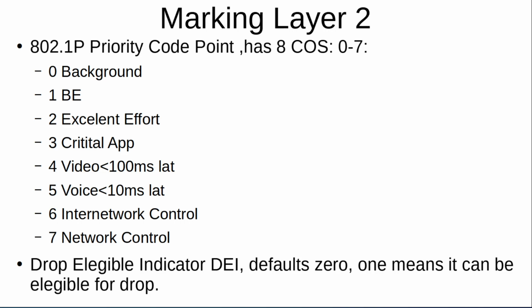It is 3 bits wide, so it provides 8 possible values, or classes of service. So you can set 0 for background, 1 for best effort, 2 for excellent effort, 3 for critical apps, 4 for video, 5 for voice, 6 for internetwork control, and 7 for network control.